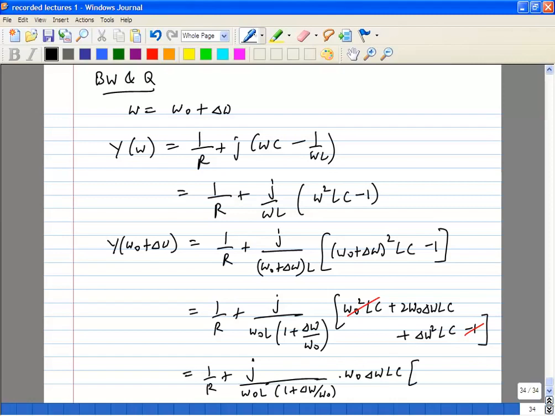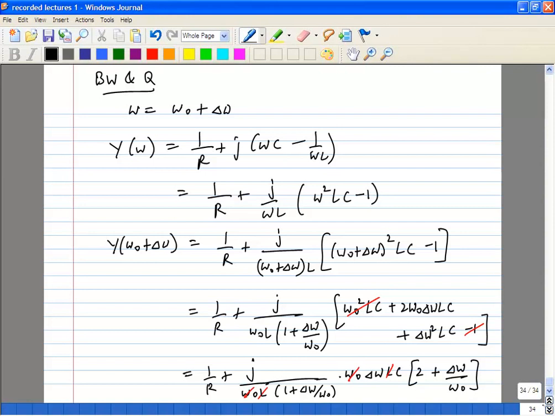Okay, what is left? Omega delta omega. So you have 2 here plus delta omega over omega naught. What do we know? We can cancel some more terms. So omega naught L, omega naught L, okay, we cancel those also.